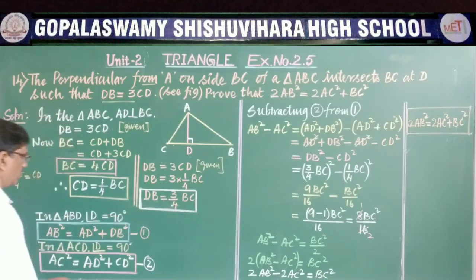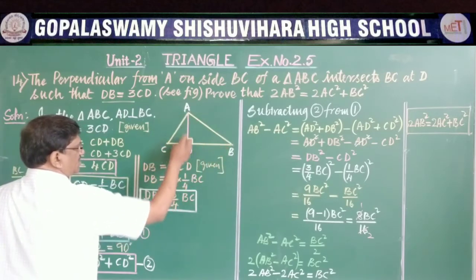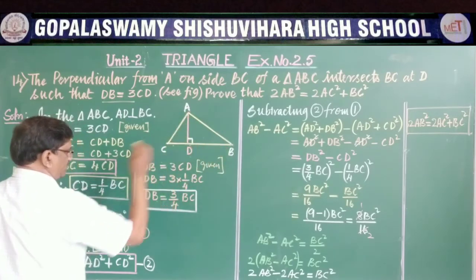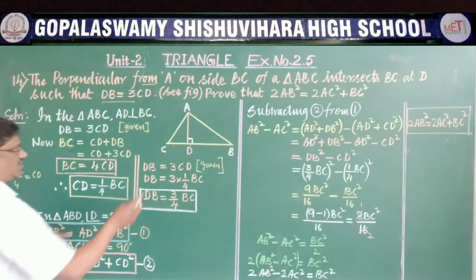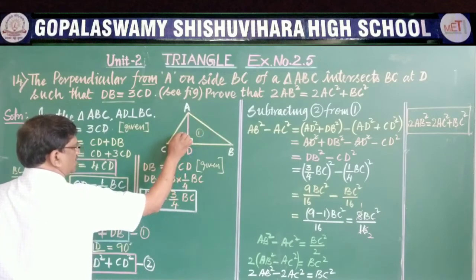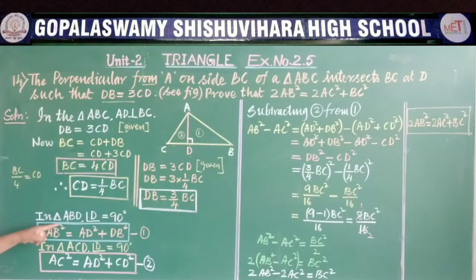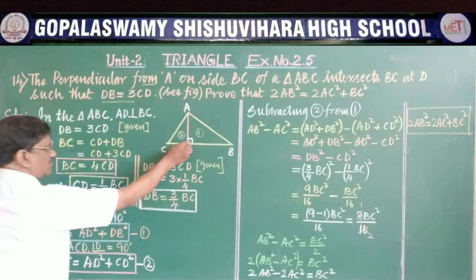Now we have two triangles here. One is ABD, another one is ACD. First I will take up the triangle ABD, let it be triangle 1, triangle 2. In the triangle ABD, angle D is equal to 90 degrees, isn't it?